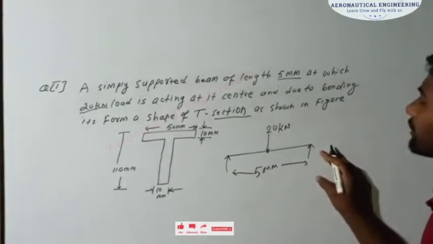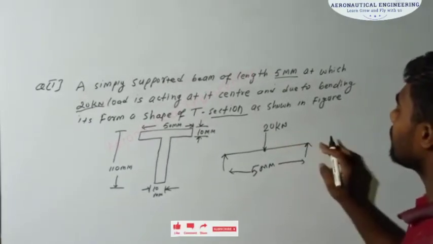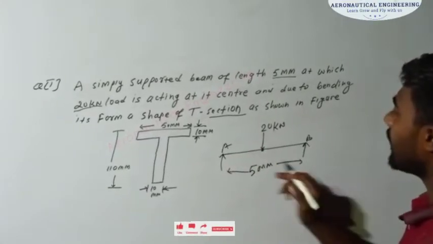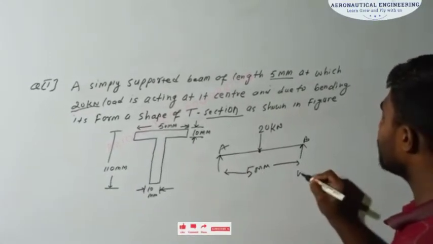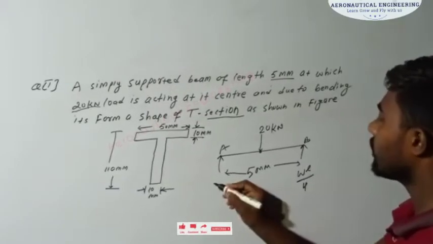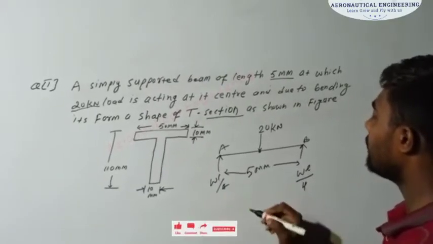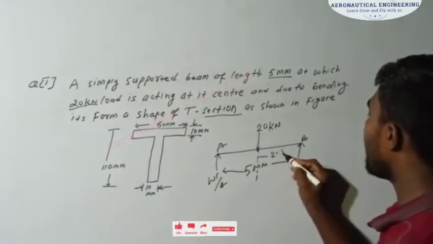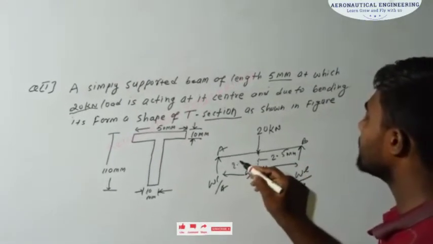For a simply supported beam with a load at its center, the moment is WL upon 4, and this length is 2.5 m, half, and this length is also 2.5 m.